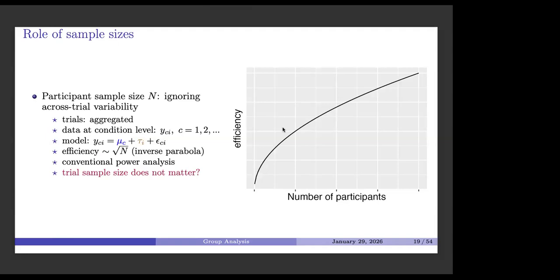So the next one, we talk about the role of sample sizes. Most of the time, when we design an experiment, we pay attention to the number of participants. If we focus on power analysis, traditionally we decide how many participants to include.